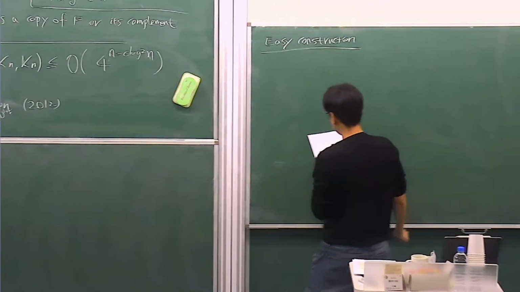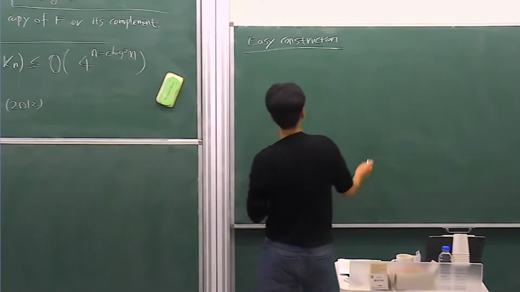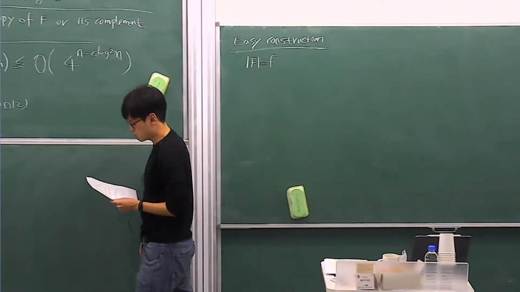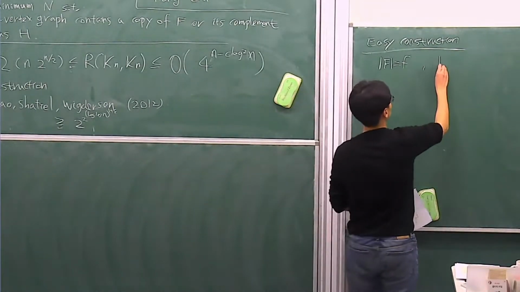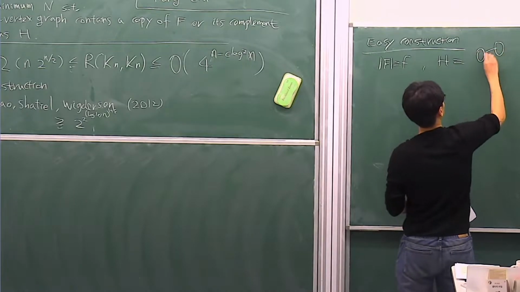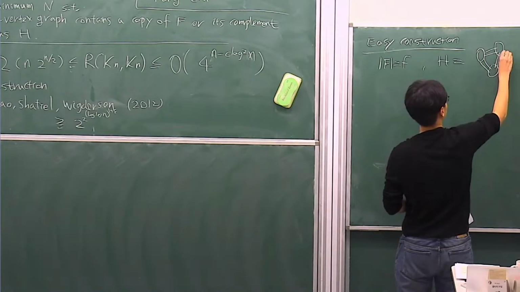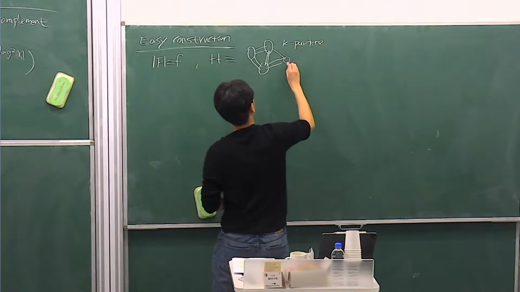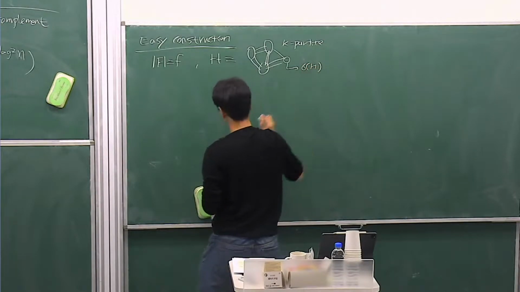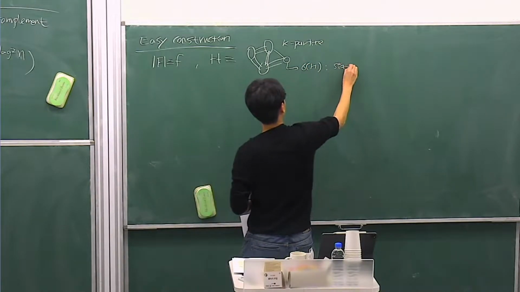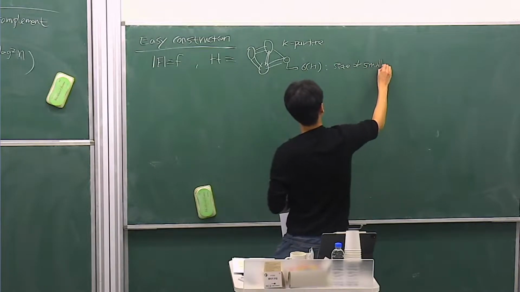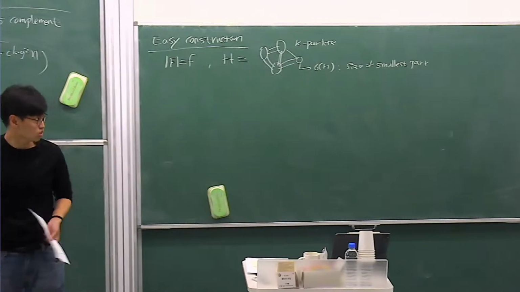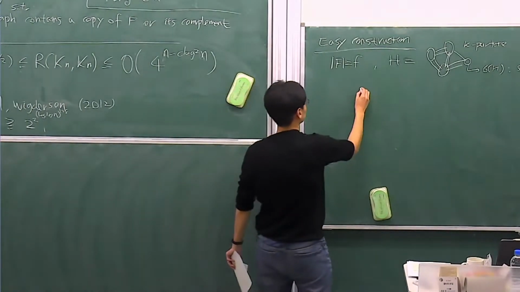It works for general F and H. Let's say F has a small number of vertices, and H is a k-partite type graph, where the smallest part has size sigma of H. The construction is very easy.